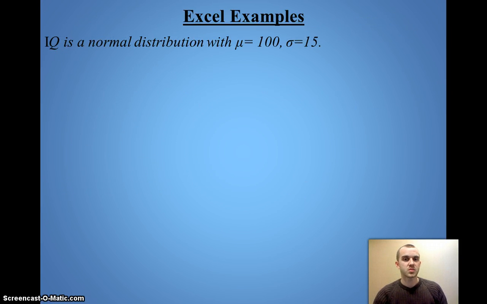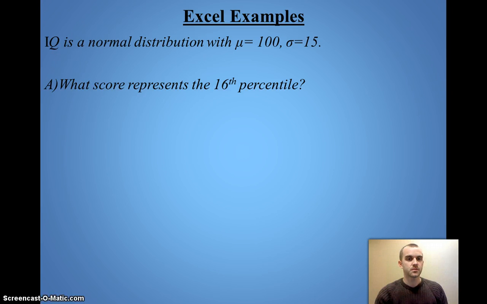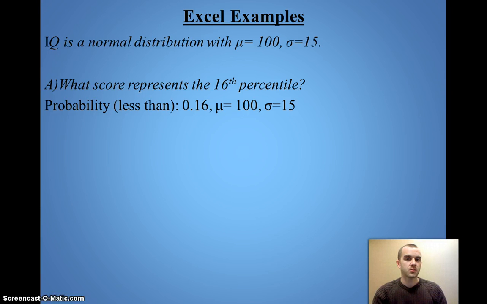So let's look at some examples. Say again we were back to IQ, and I want to look at the 16th percentile. So that's looking at 0.16 and below. So I can plug in those three parts into that norm.inv. So here's my percent, and I use the 0.16.